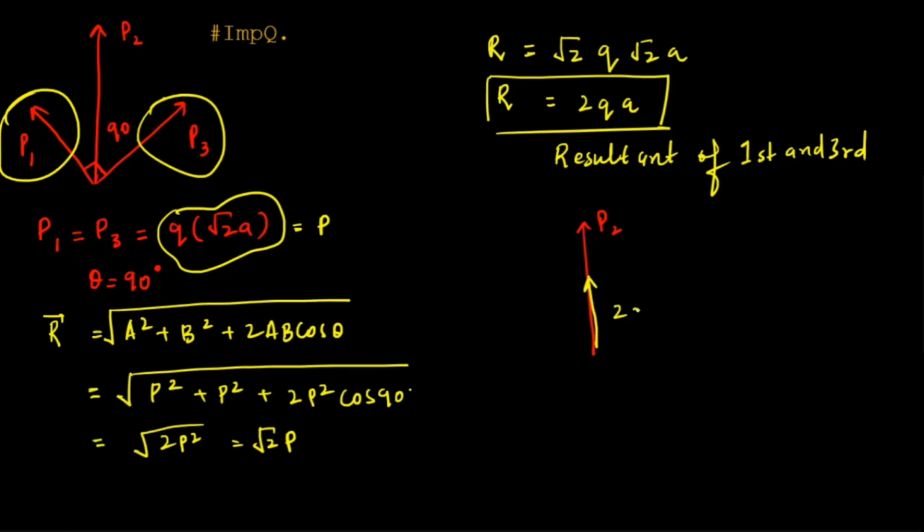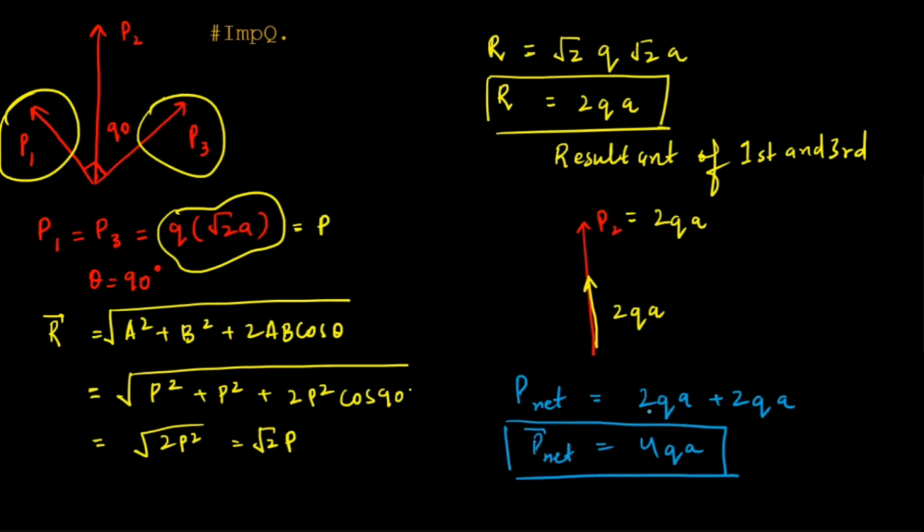Also, it has the same magnitude as the initial one, P2. So the net dipole of the whole system is going to be the sum of these two dipoles, which is 2QA plus 2QA, which is 4QA. So this will give me the net dipole moment of the whole system. Now if we talk about the direction, it is directed vertically upward. We can say it is represented by j cap.